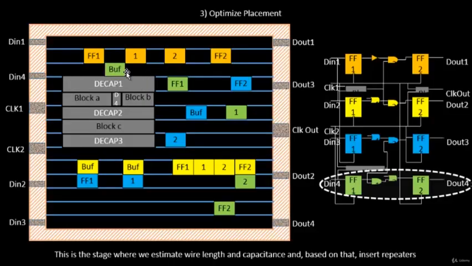We'll add one buffer over here, and now the distance from Din 4 to the buffer looks significantly less, and the Din 4 signal will transfer to the buffer input with the same slew conditions. Moving on from the buffer to flip-flop 1, it still looks okay. We don't need any extra optimization in this area. From flip-flop 1 to logic 1, this distance also looks okay. The only problem we see over here is a kind of crisscross.